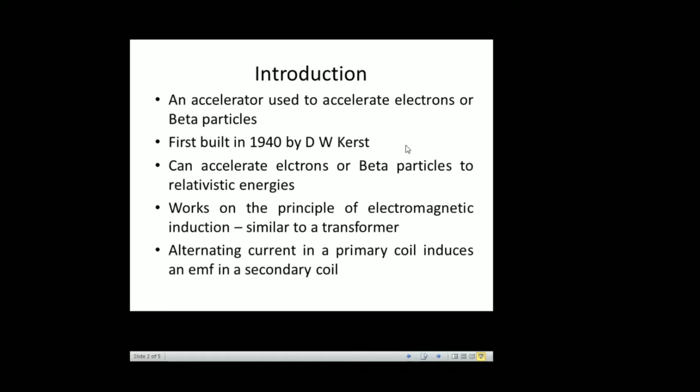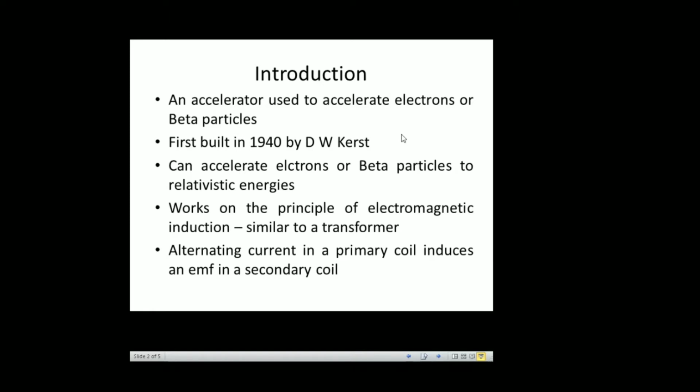So the cyclotron cannot accelerate electrons effectively, because electrons being light, they attain relativistic speeds very easily. So this accelerator called the Betatron was designed specifically to accelerate electrons to high energies.